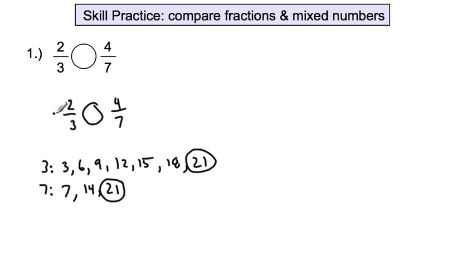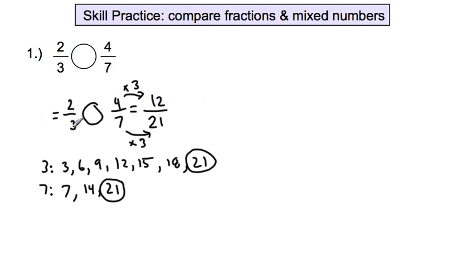All right, using that least common multiple, we're going to find equivalent fractions, which is step 2. So equivalent fractions for 4/7 with a denominator of 21. We see that 7 times 3 equals 21, multiplying the numerator by the same thing. It's 4 times 3 equals 12.